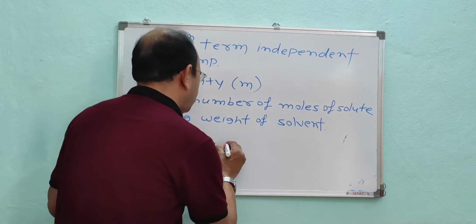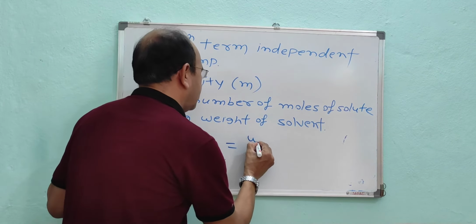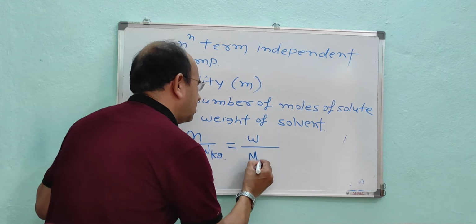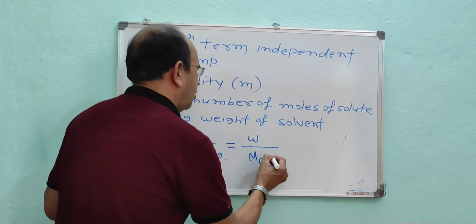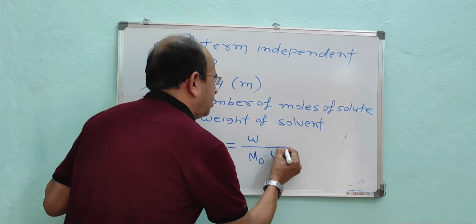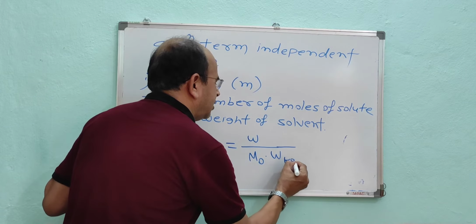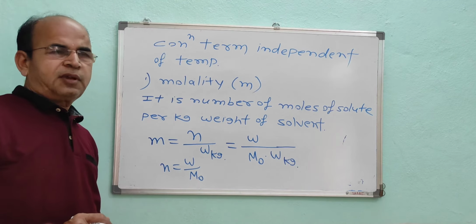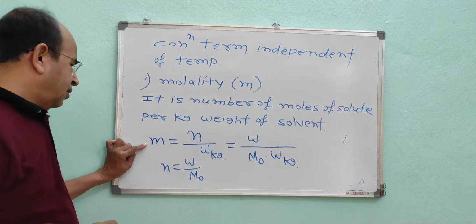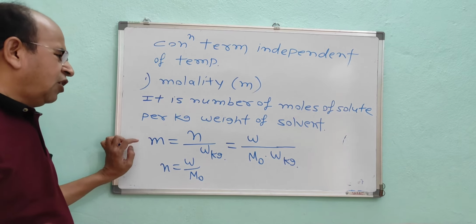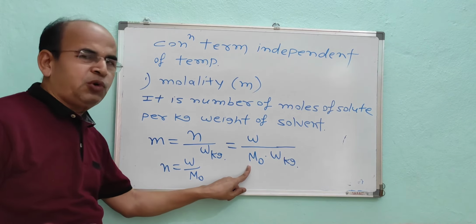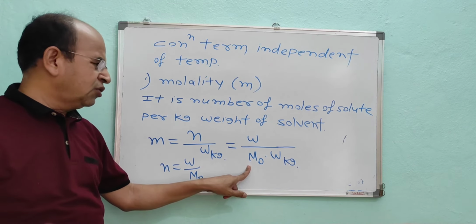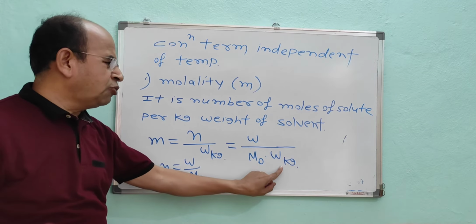So that is equal to weight of the substance divided by molar mass of the substance into weight of solvent taken in kg. Here m is the molality. So molality means weight of the solute divided by MO, that is molecular mass of the solute, into mass of solvent in kg.